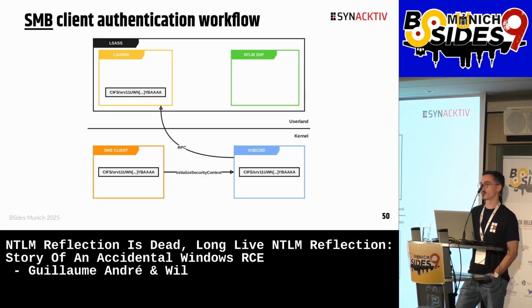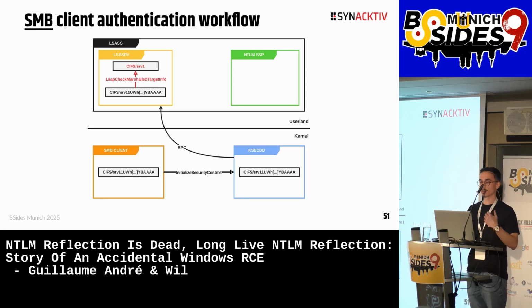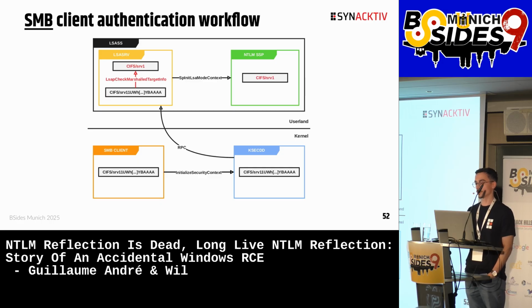The call will be routed to LSASRV. And then the magic will happen via a call to LsapCheckMarshalledTargetInfo, which will check inside the SPN if there is marshaled credential information. And if yes, it will strip it off the SPN. Afterward, the context initialization will be routed to the correct SSP, in this case NTLM, and the SPN will just be CIFS/SRV1.